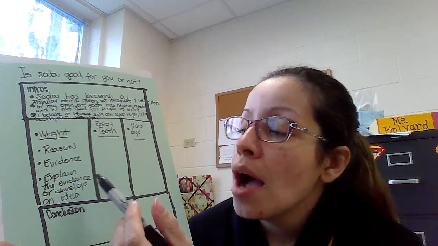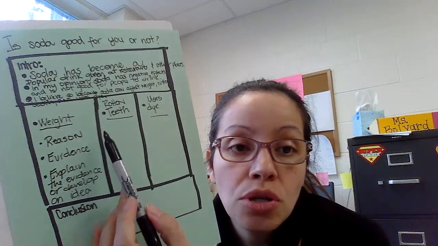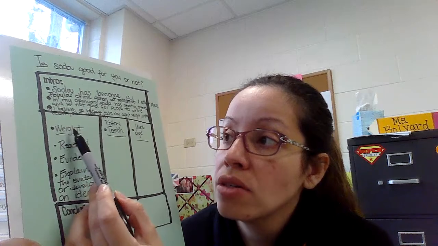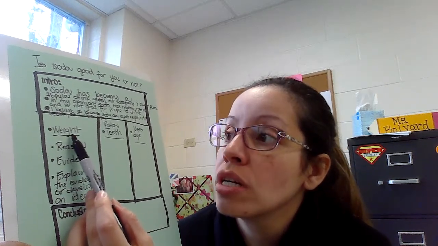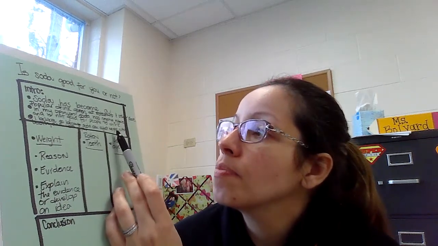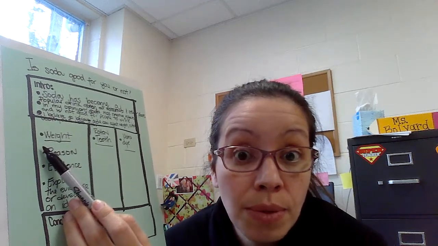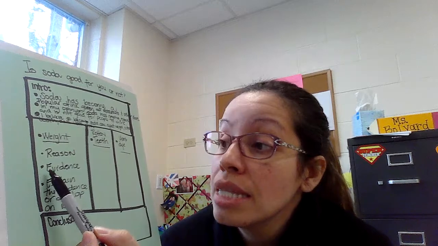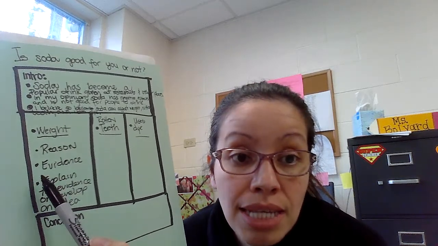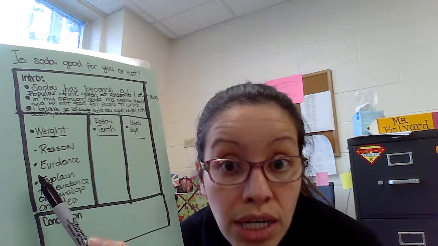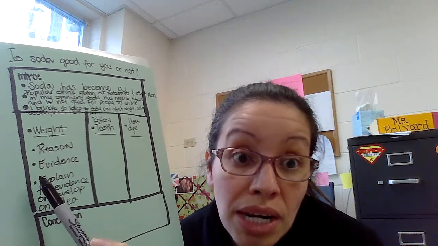So you will go back into the text and make sure that you have nice reasons to how does soda affect your weight? Well, it's high in sugar, right? So there's a reason. Now, what is the evidence? And the text might say that it contains more than your daily intake in one drink of sugar, or the recommended intake.